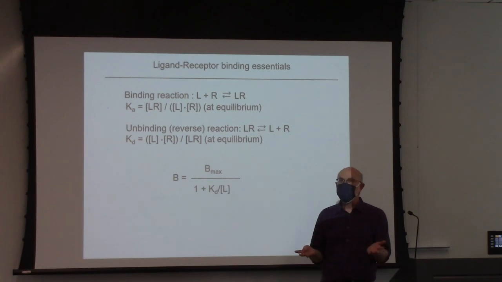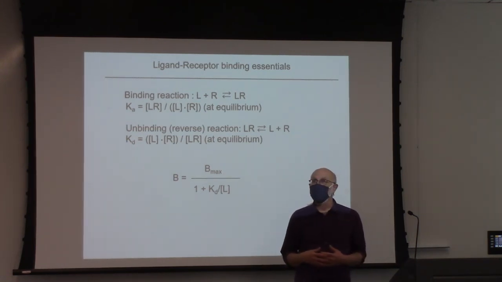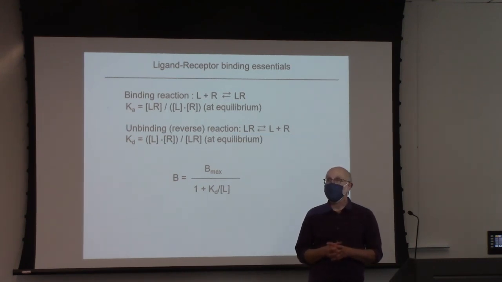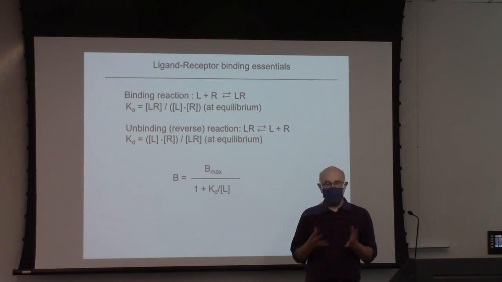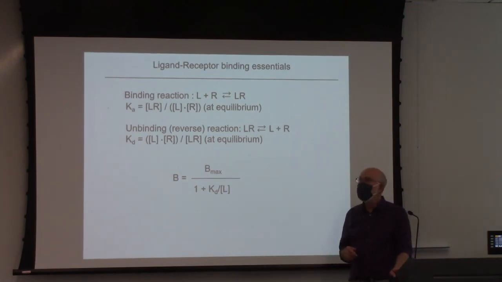Ions bind to their transporters. Ions bind to their channels. Neurotransmitters bind to their receptors. Neurotransmitters bind to the proteins that pump them back up, the serotonin reuptake protein, etc. So we need to talk about some of the formalism of binding.